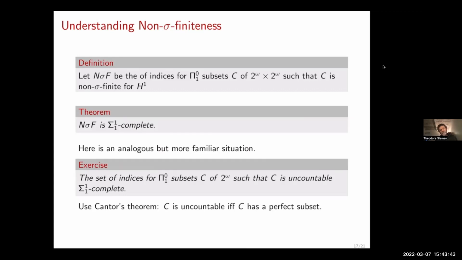So you can tell whether a set is uncountable by asking: I have a subtree of 2^{<ω}. Is the set of paths through that tree uncountable? Well, yes, if and only if it has a perfect subtree, which is a Σ^1_1 property.